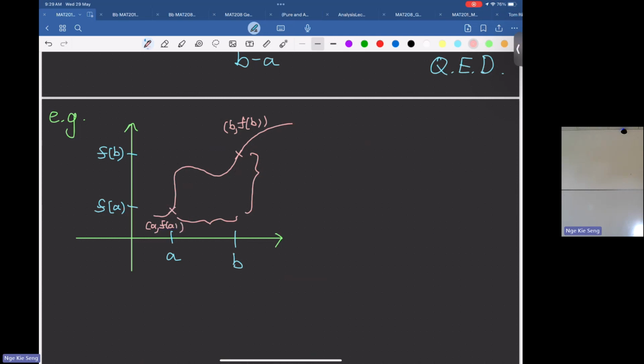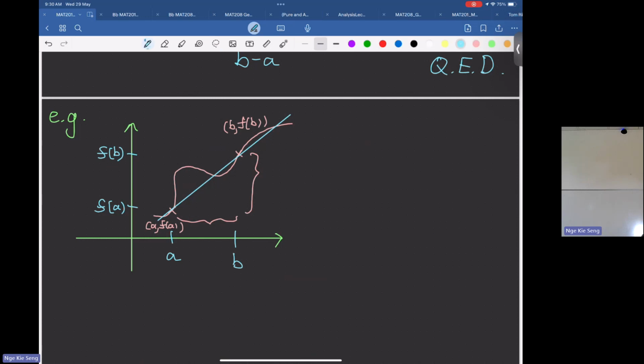So this is the gradient of the line, the secant, that joins (a, f(a)) and (b, f(b)). Make sense?